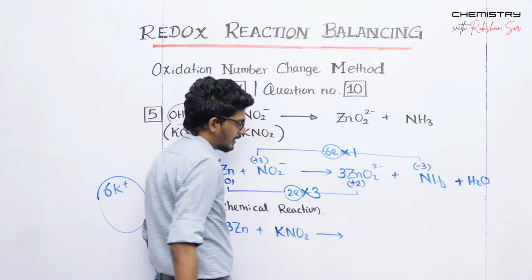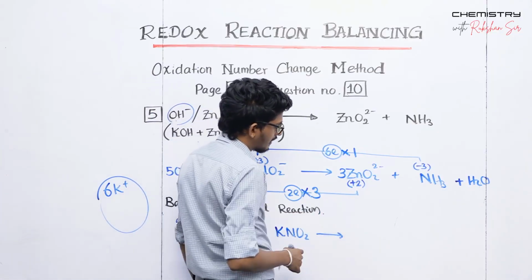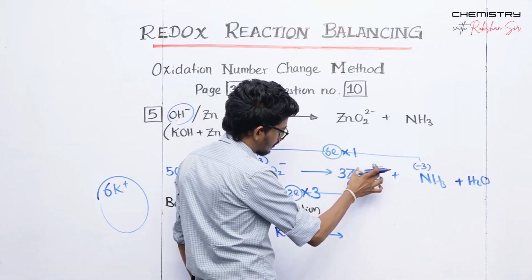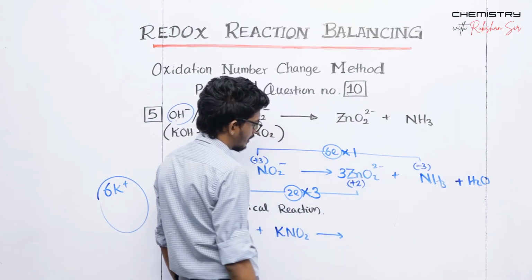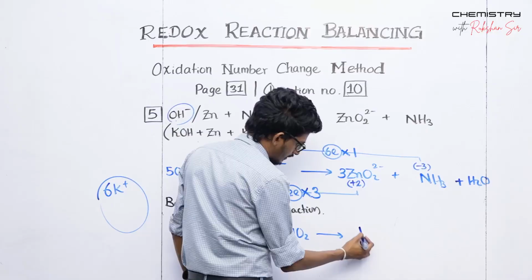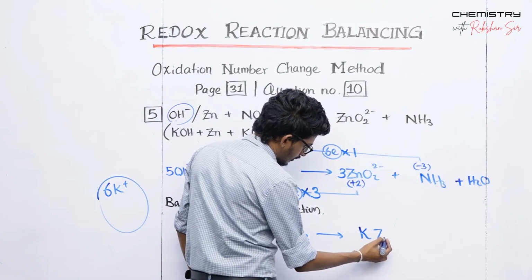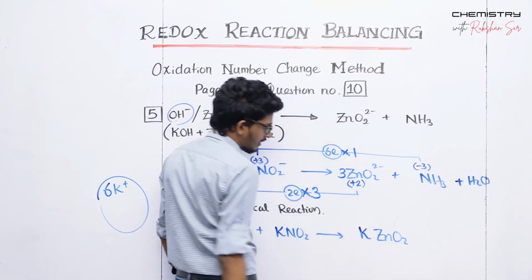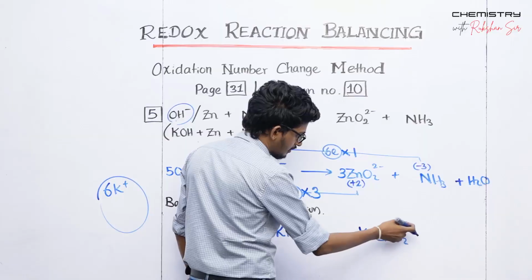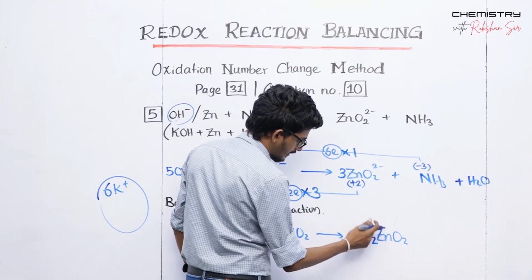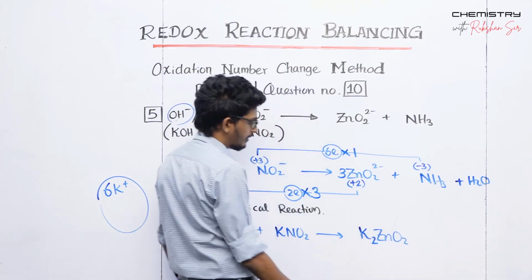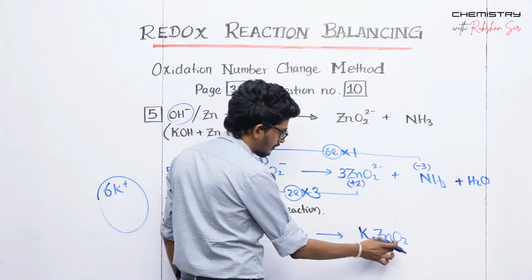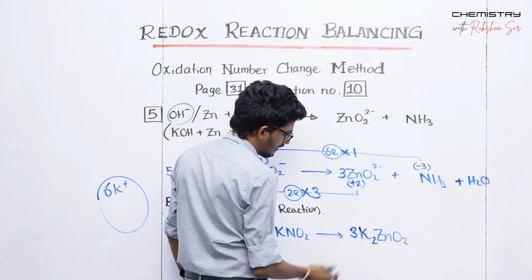So to form the zincate, you can use the K pluses, because for negative ions you can utilize positive ions. So potassium zincate. So exchange of valencies, 2 minus here comes to here. Exchange of valencies, right? So you are supposed to form 3 zincate ions. So 3 is needed.